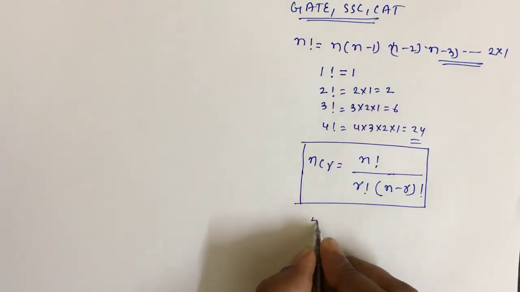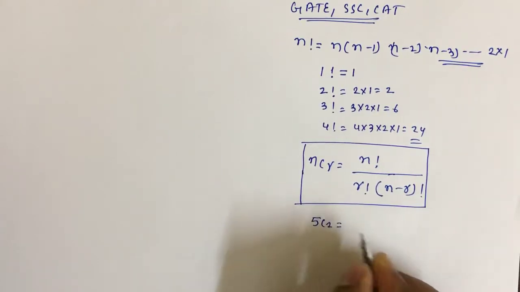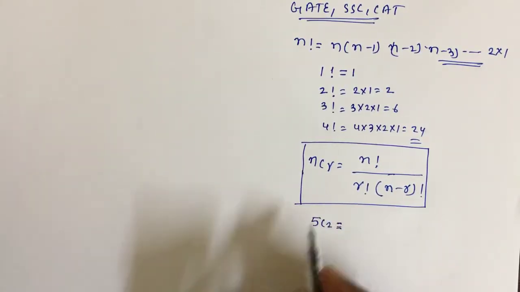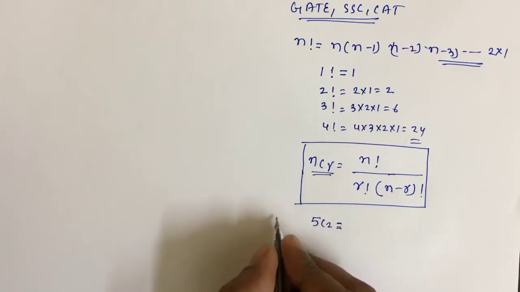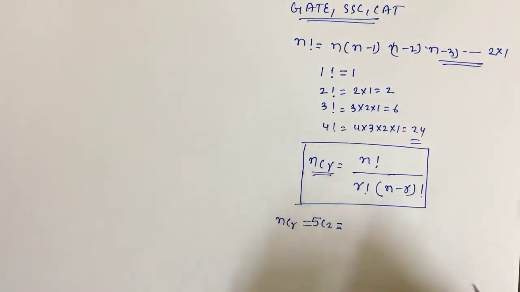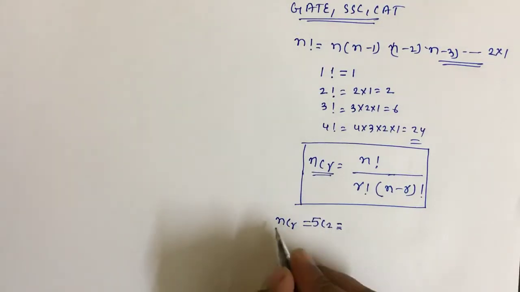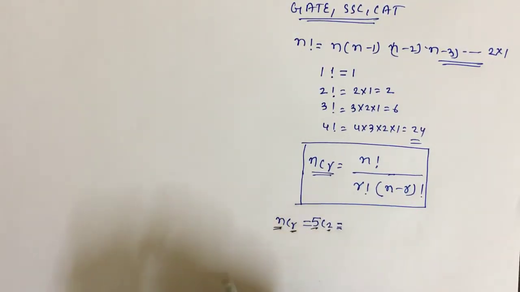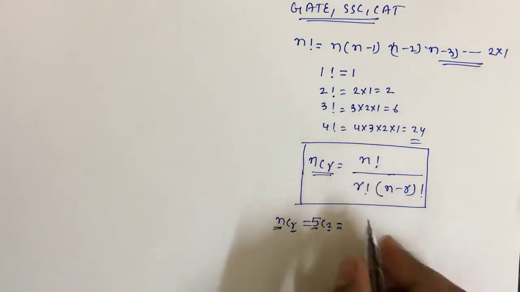The first problem we have is 5C2 equals how much? Just compare with nCr. In place of n we have 5, in place of r we have 2. So the n value is 5 and the r value is 2.